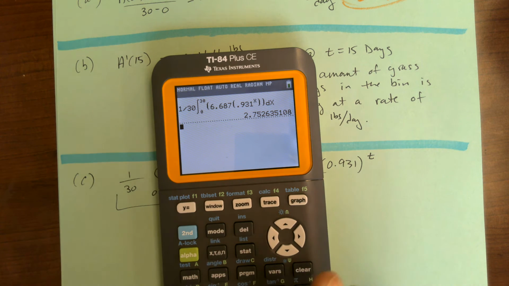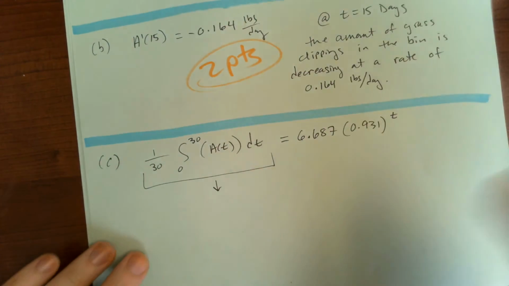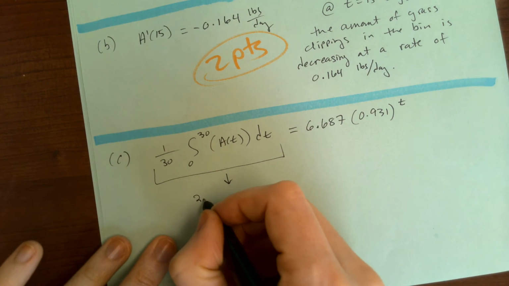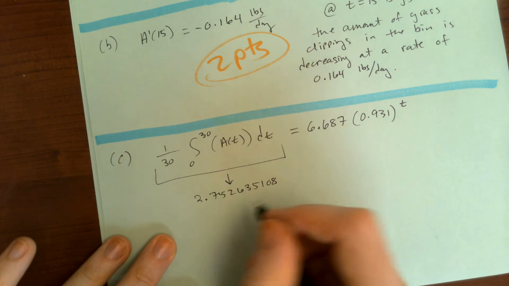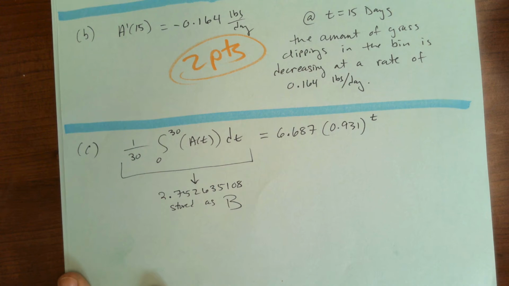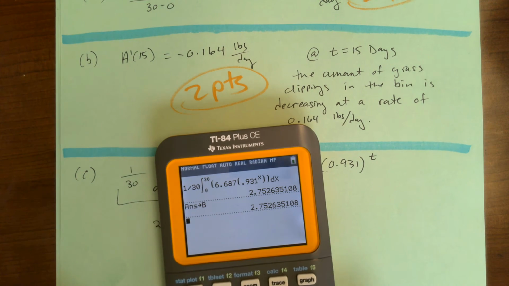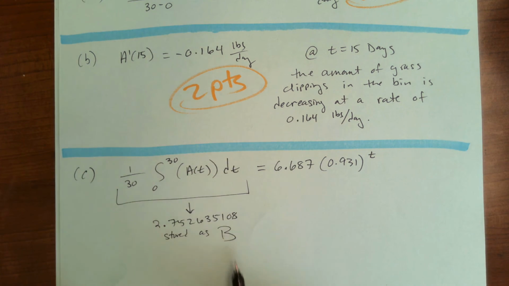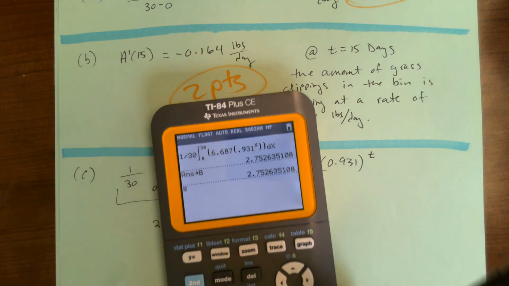It's a big number, so I'm going to store it, and they're already using A, so I'll store that as B. This number is 2.752635108, stored as B. Now I'm going to go to my calculator and graph B, which is a constant function, and then find their intersection point.